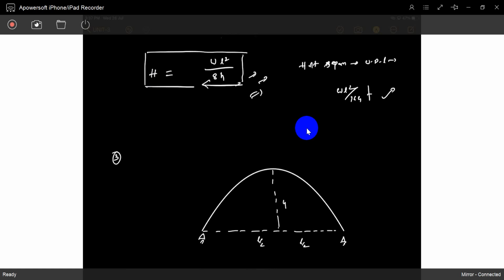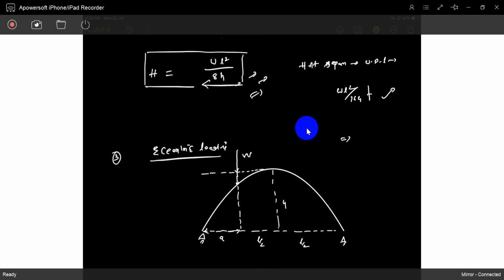If some load is acting at a distance of A or X, anything. We can show X as a variable. Whenever a variable is there, we write it as X, but here it is some constant distance.